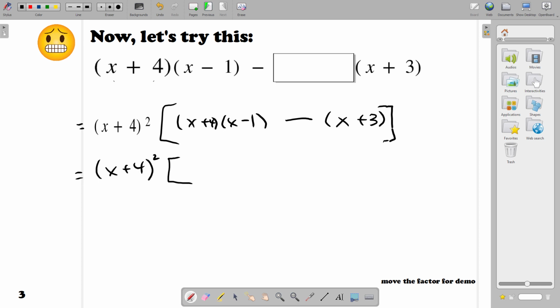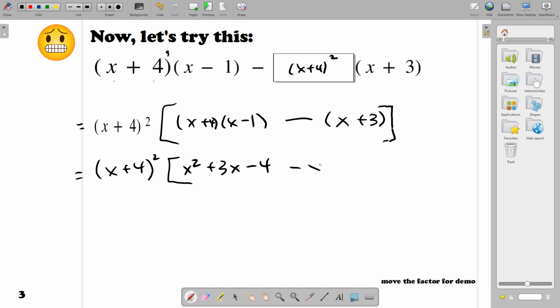So x plus 4 squared times x plus 4 times x minus 1 would give us that x plus 4 cubed times x minus 1, and the x plus 4 squared times the negative x plus 3 would give us the negative x plus 3. Do some simplifying inside of here, so we need to multiply these two binomials together. We get x squared, we get a negative x and a 4x, that's plus 3x, and 4 times negative 1 is negative 4.